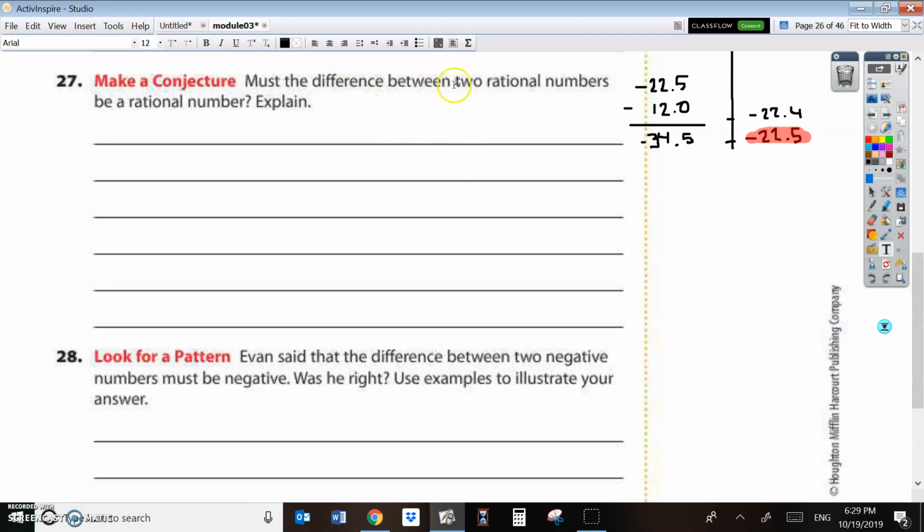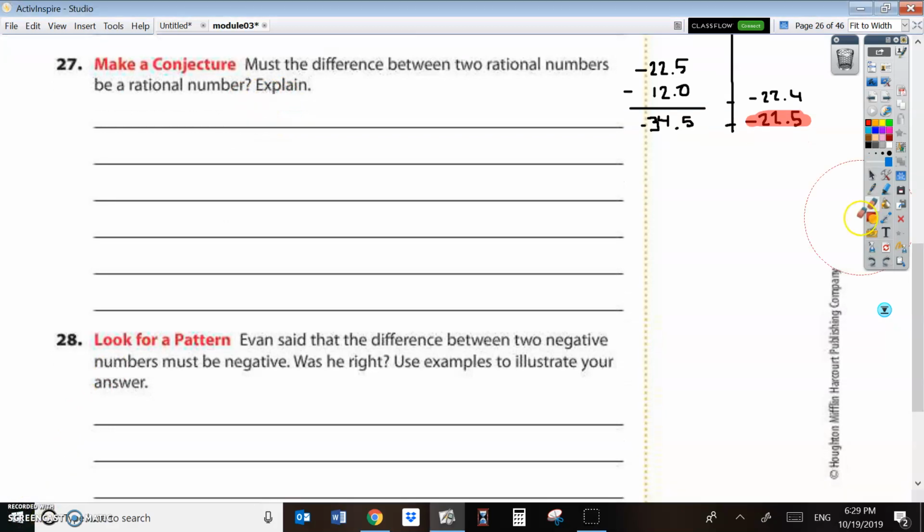Must the difference between two rational numbers be a rational number? Explain. Let's work this problem with some examples. Okay, we know difference means subtraction, right? Rational numbers, those are fractions and decimals. So for this problem, we'll use a fraction.